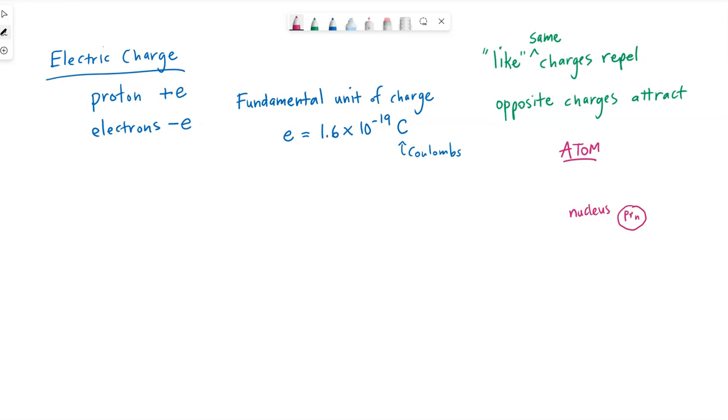So in the nucleus, we have protons and we have neutrons. The protons are positively charged. The neutrons are neutral, meaning they are not charged.